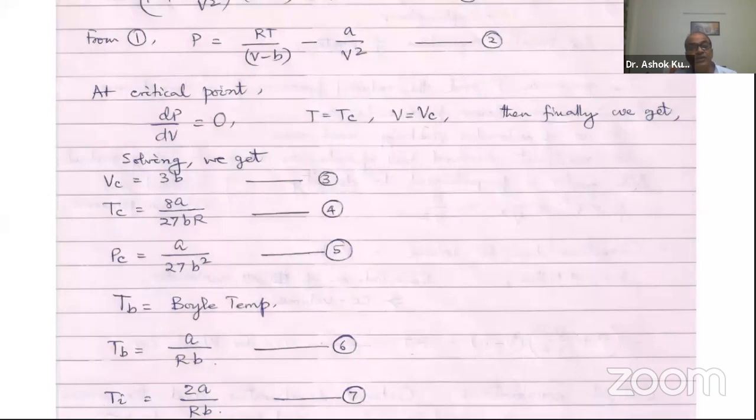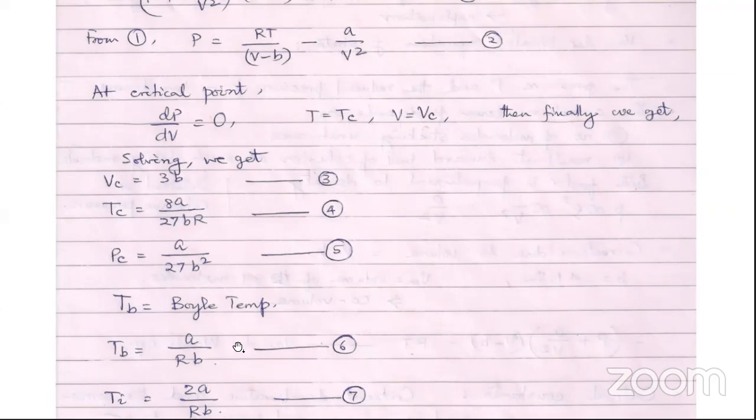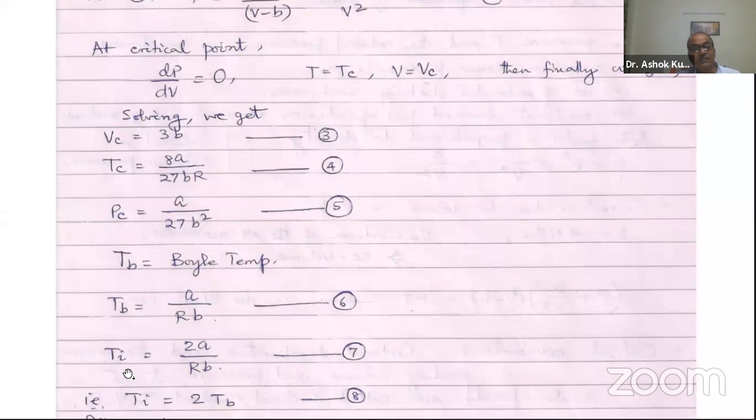Now, there is a temperature which is called Boyle temperature. What is this Boyle temperature? The Boyle temperature is that temperature up to which Boyle's law is valid. What is Boyle's law? P is inversely proportional to V when T is constant. So at Boyle temperature, we have found that TB is given by a/Rb, which I have not derived, and the temperature of inversion or inflection is 2a/Rb.